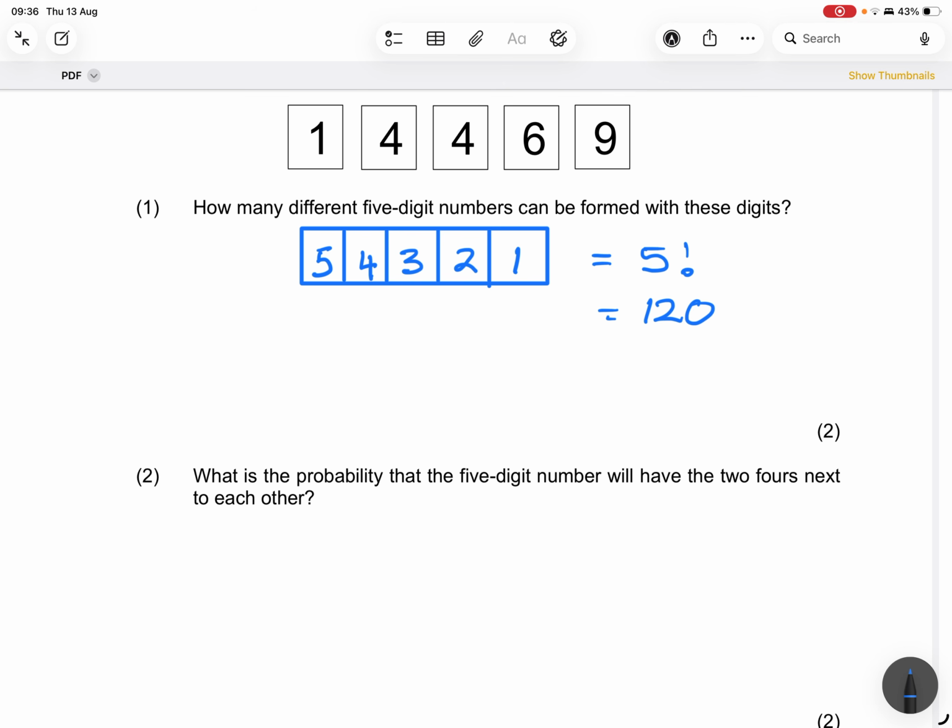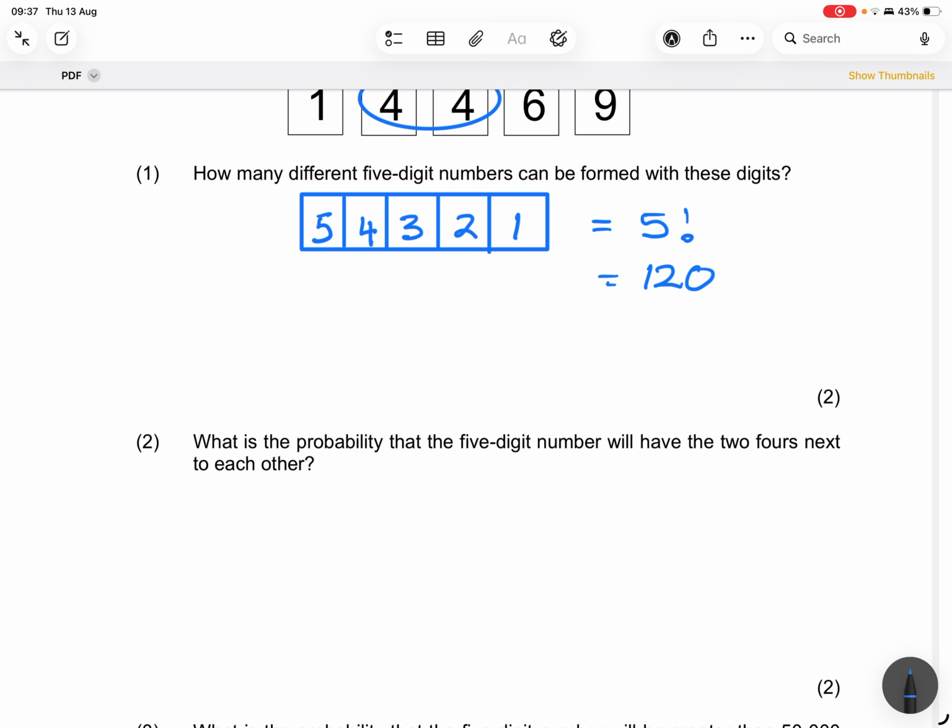Right, so what are we going to do? We're going to treat the 4s as just one bundle, right? So I want you to note, in this case, we are grouping the 4s together. We're going to take those 4s together, right?